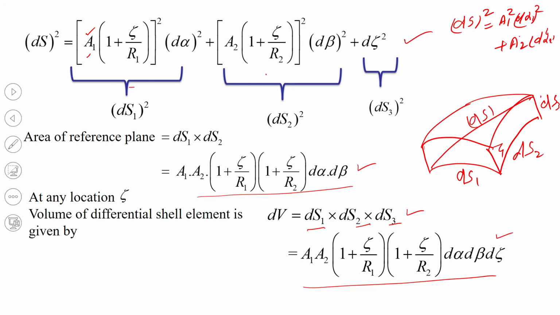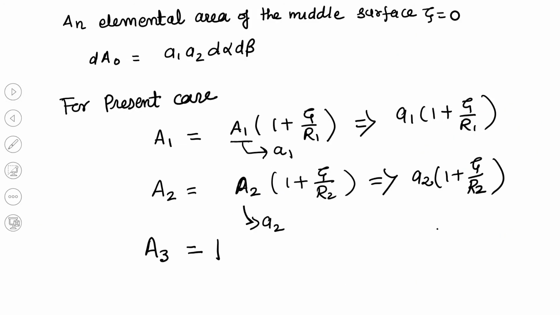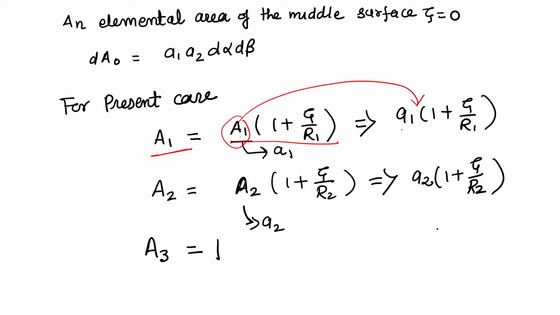Otherwise, this a1 whole product is also called a1, and that will be confusing. I find that in some of the books this creates a problem. So, instead of a capital A1, we are going to replace it with small a1, where this is the reference plane.